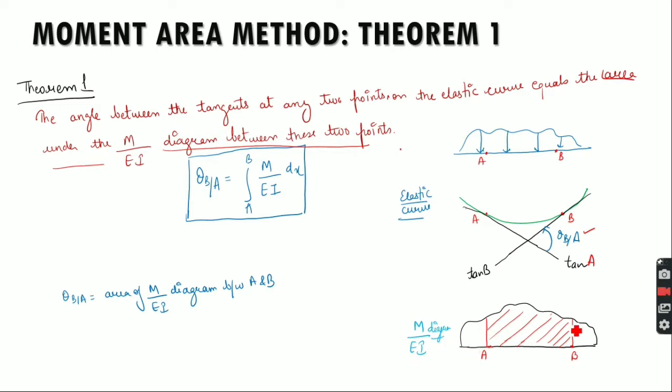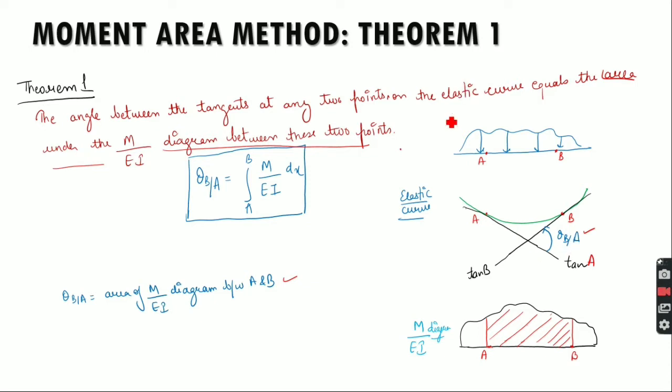So if this is the total M by EI diagram of this beam, then this theta can be determined by this formula. This formula basically means that theta BA is equal to the area of the M by EI diagram between A and B. So if out of this whole bending moment diagram, I calculate the area of only this shaded region, that area will give me the value of this angle theta BA.